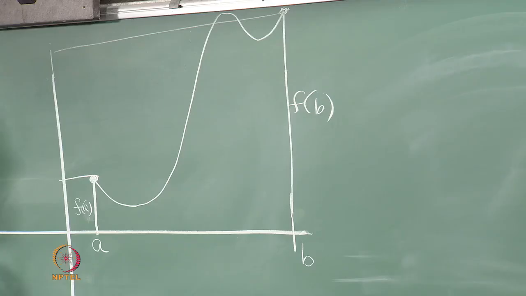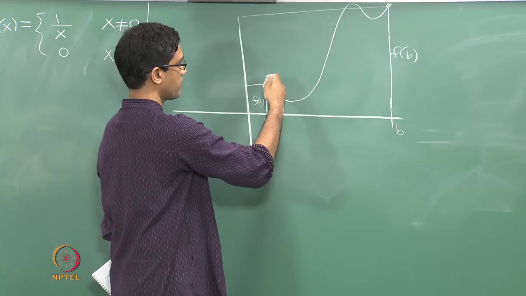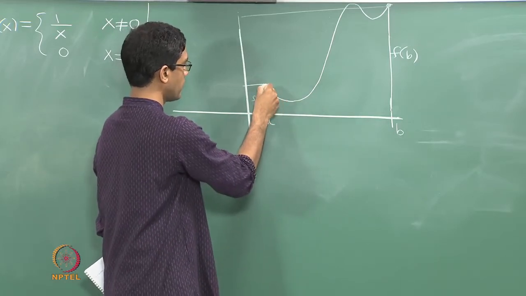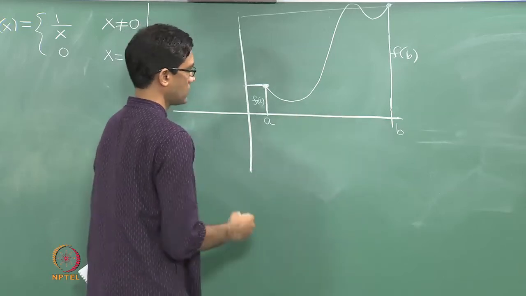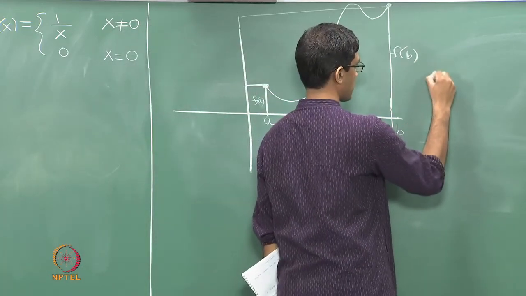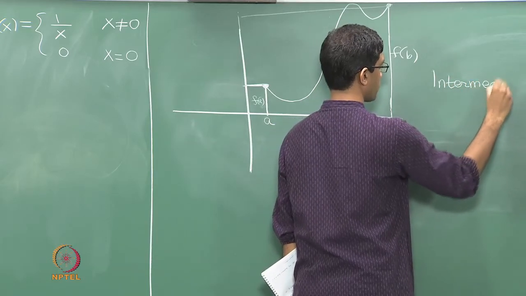So this is another reformulation of the property that f attains every value between f of a and f of b on this interval ab. This formulation is sometimes called the intermediate value property or the intermediate value theorem.